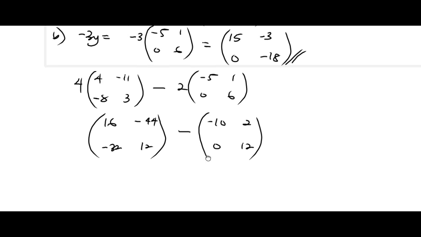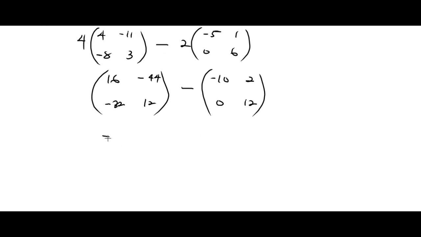So simply perform the arithmetic. 16 minus -10, that is 16 plus 10, that's 26. Then -44 minus 2, that is -46. Then -32 minus 0, that is -32. Then 12 minus 12, that is 0. So the answer to option C is 26, -46, -32 and 0.